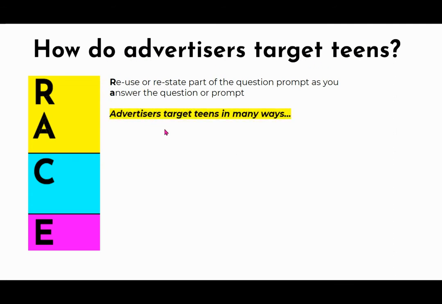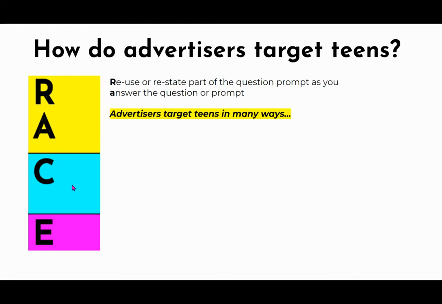So we might start with a sentence starter like, advertisers target teens in many ways, such as, let's make sure we answer the prompt, through building brand loyalty, social media, and using humor in ads. Look, I restated, I reused the question, and I actually answered the question.